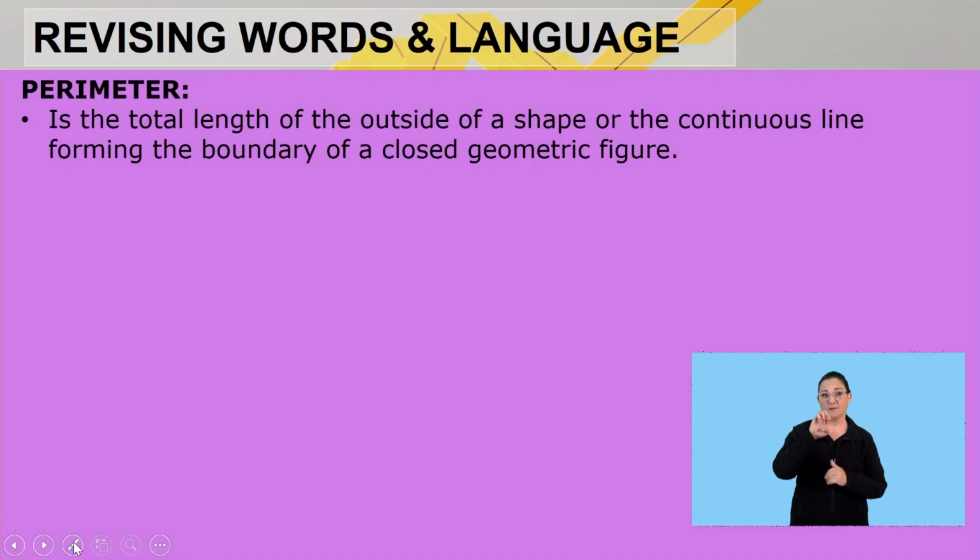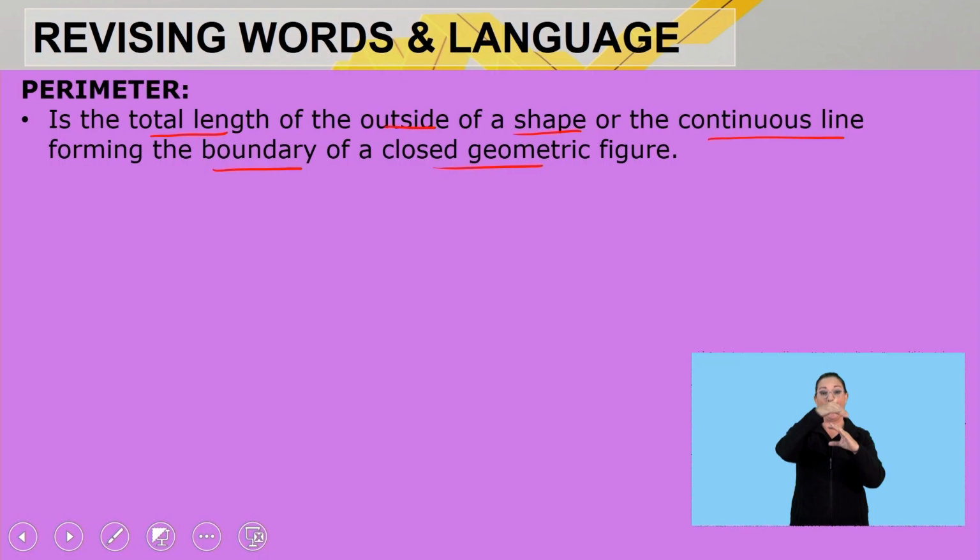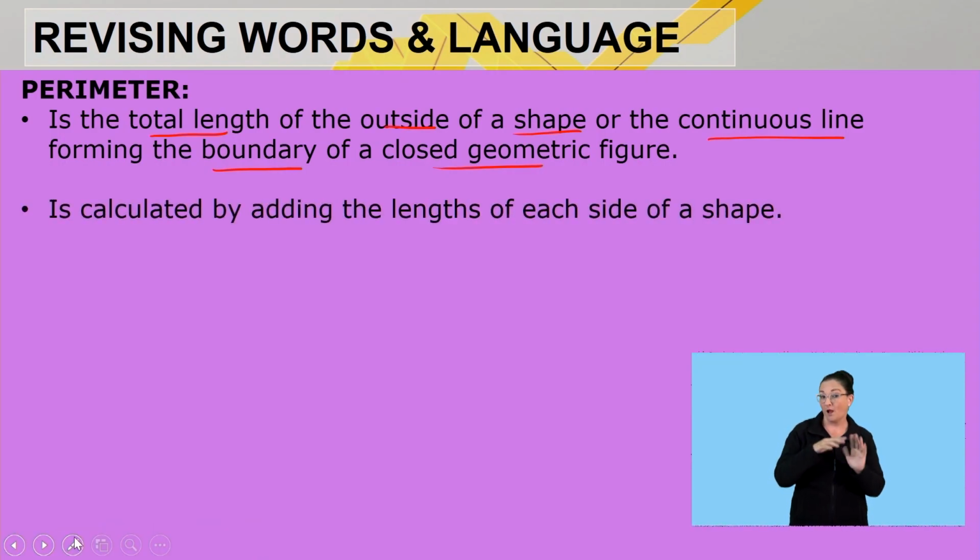All right. Now let's look at some other important language and terminology that's important for our lesson. Perimeter is the total length of the outside of a shape, or the continuous line forming the boundary of a closed geometric figure. Perimeter is calculated by adding the lengths of each side of a shape.